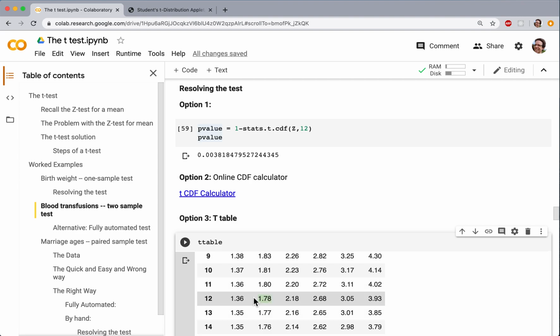And it does, and then some, right? The test statistic is 3.2, so it beats this value quite soundly, and that means that we reject the null hypothesis and that the blood really did have a real effect. So whichever of these processes we carry out, we detect that we do have a statistically significant result. So the blood transfusion has a real effect.